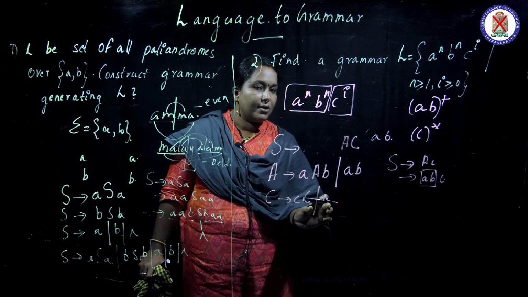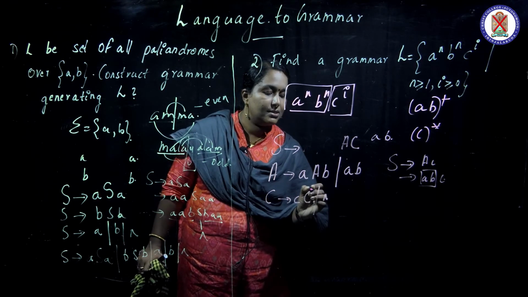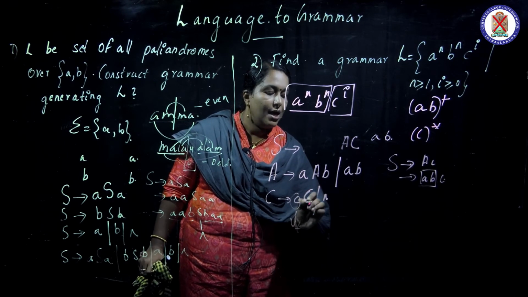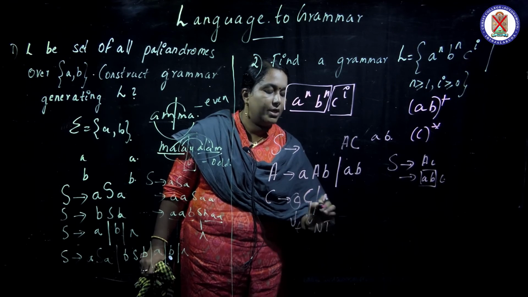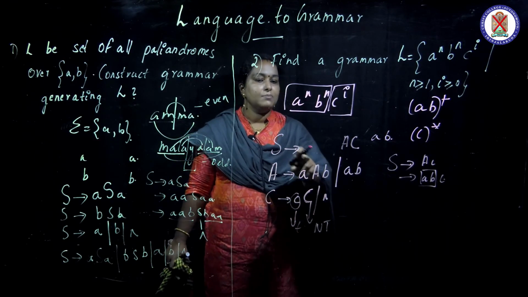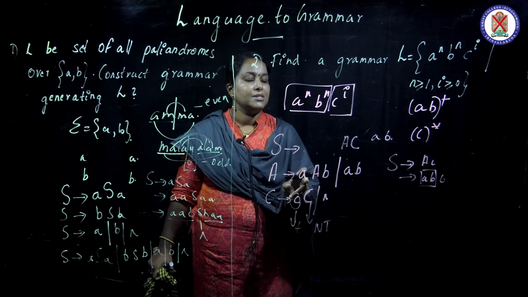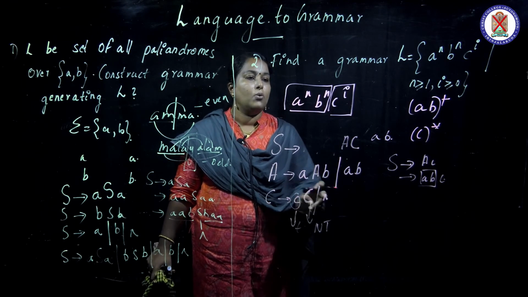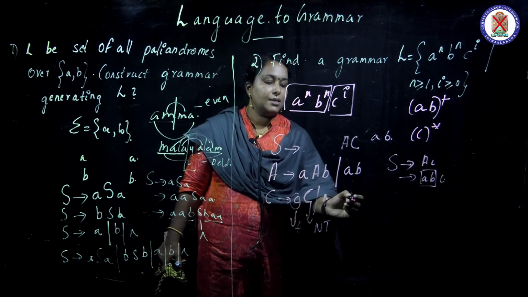C gives small c, capital C, or null. This is capital C, this is small c. This means a terminal, and this means a non-terminal. So the grammar becomes S gives AC, A gives aAb or ab, and C gives cC or null. This is about the grammar.